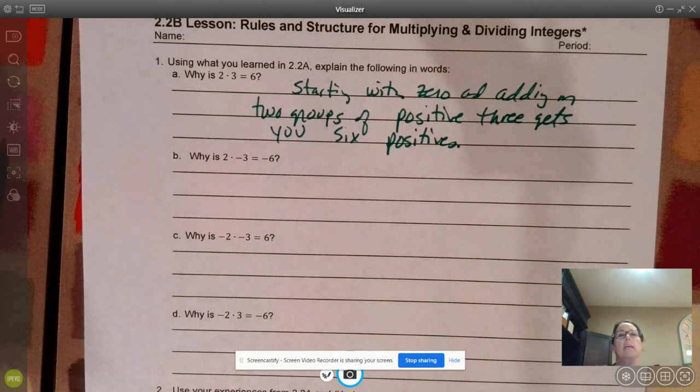That's the meaning of a positive times a positive. I put in that many groups of positives, so you get positive.